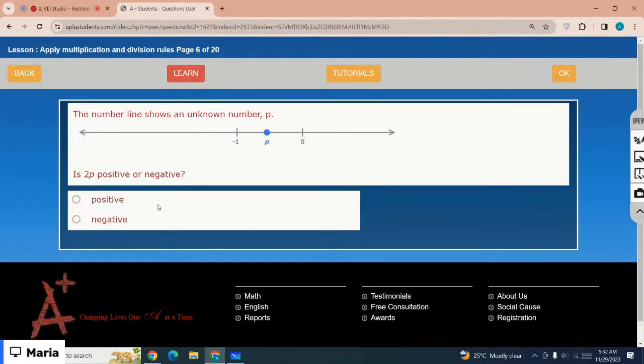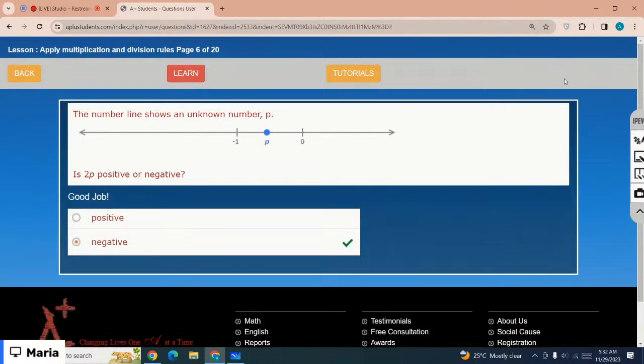Yes, that is negative because p is already on the negative side, right? So the correct option is negative.